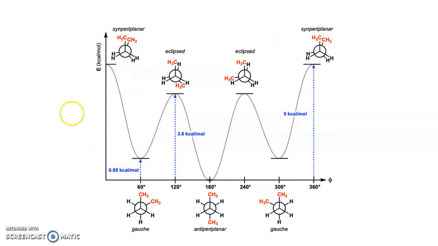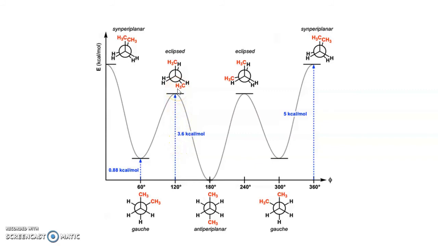Now again, as we increase the dihedral angle, what happens? The methyl group moves closer to the hydrogen, so the bonds move closer to each other. So they reach an eclipsed state at 120 degrees, when the dihedral angle between the two methyl groups is 120 degrees. Again, another eclipsed state is attained, and that will be 3.6 kilocalories per mole.